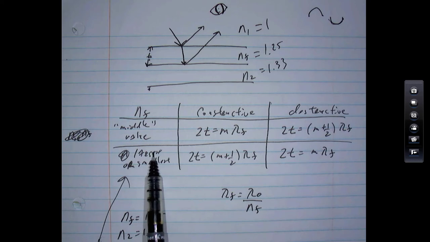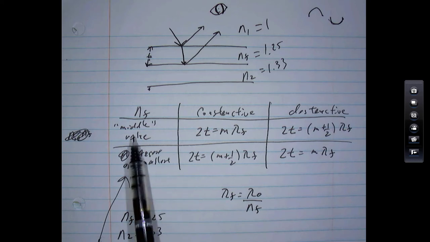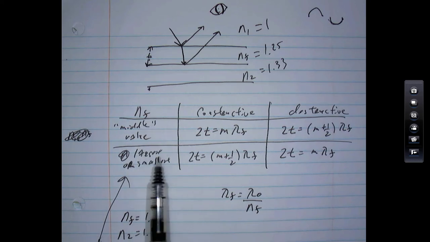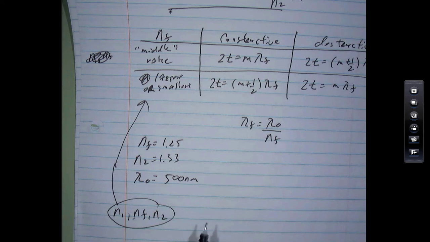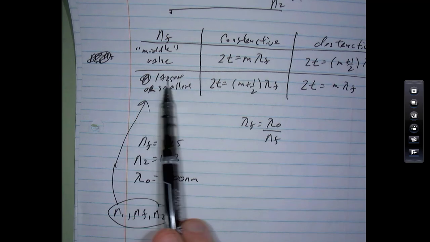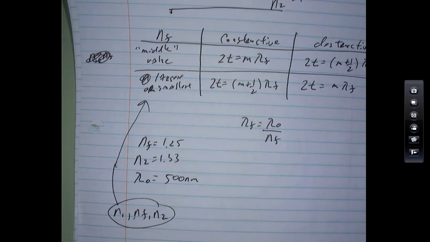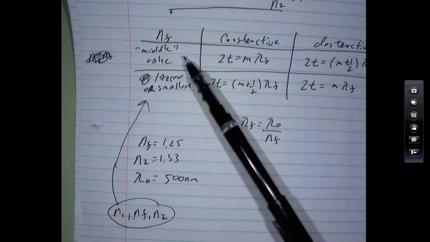Now if it's the largest or the smallest, I'm talking about the index of refraction of the film, is it the largest or smallest of these 3? Is the index of refraction of the film larger than all of these or the smallest of all of these? Then you would use this row to determine what formula to use. So for this problem, it's the middle value.